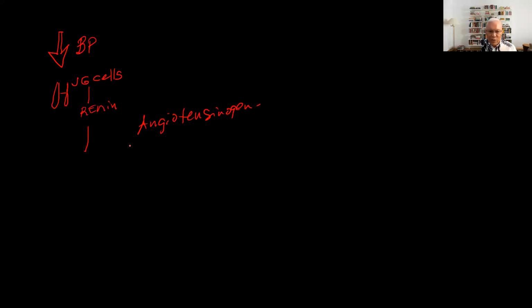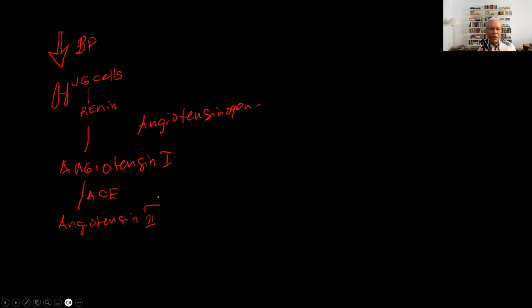This angiotensinogen turns into angiotensin 1. With this substance present in the vessels, it will cause an enzyme to be activated, and this enzyme is called ACE, or angiotensin converting enzyme. It converts angiotensin 1 to angiotensin 2. So going back again, whenever there is a decrease in blood pressure, the JG cells respond.